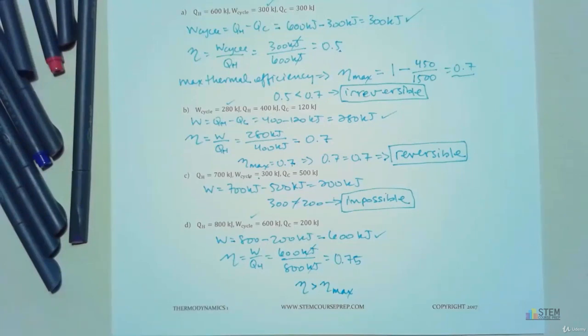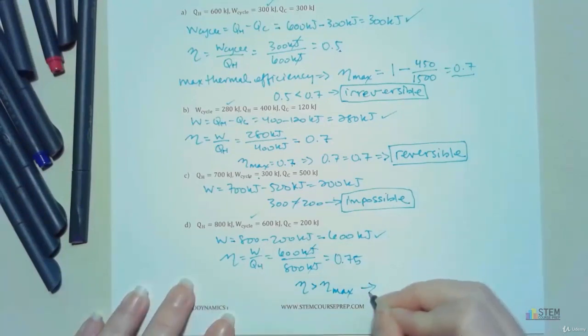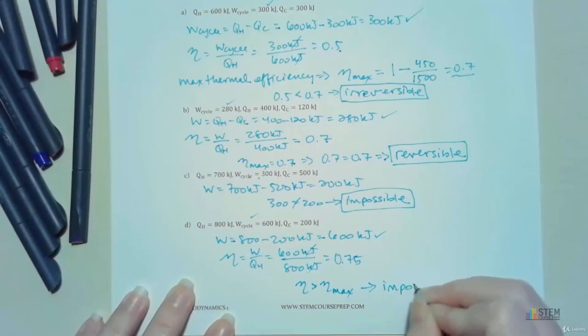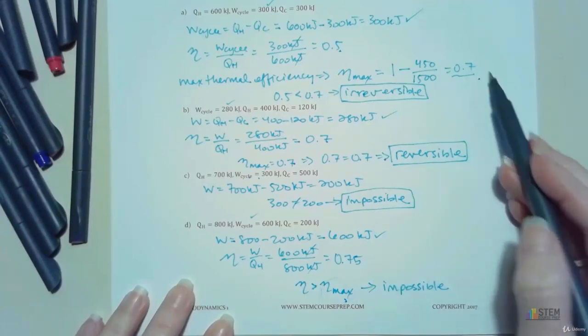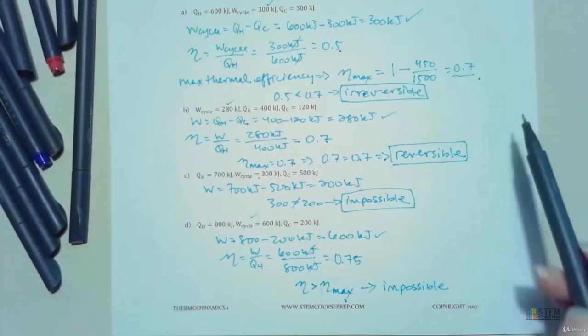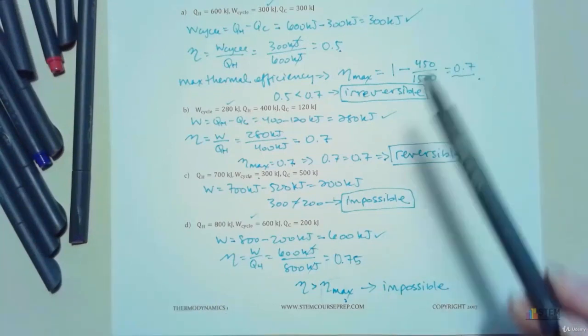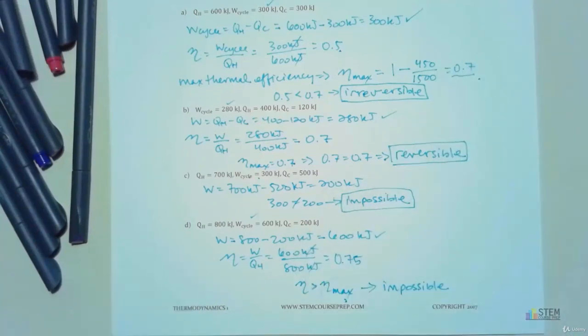No. So that means this is impossible. You can't be higher than your max value. Our max value is 0.7. We found it right here. We can't exceed that because this is the best possible efficiency we can have with the temperatures of those two reservoirs. So even though they're claiming we got QH and QC and we're getting 0.75, that's not possible. All right, so the answer for this one is impossible.